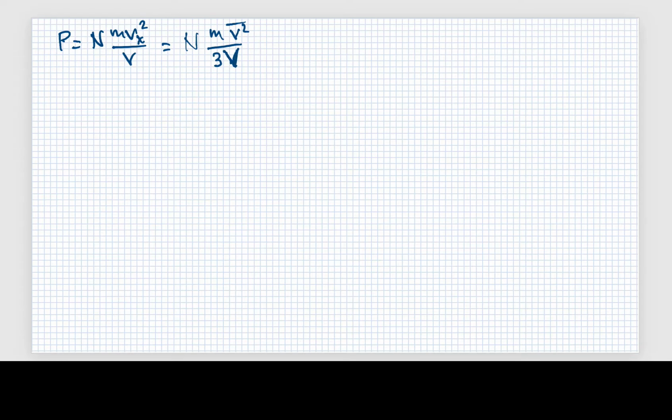All right, so we've got this relationship, but remember we said that the kinetic energy of these particles, which I'll write as E sub kin, is 1/2 mv squared. If I'm talking about the average kinetic energy, then I can write this as 1/2.